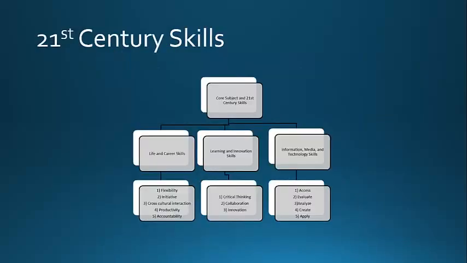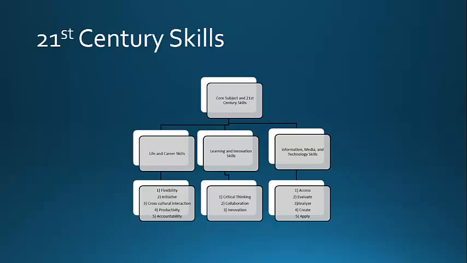Along with the Common Core State Standards are the 21st Century Skills, and these are also seen oftentimes as opportunities for BYOD. Within 21st Century Skills, there are three divisions: life and career skills, which includes flexibility, initiative, cross-cultural interaction, productivity, and accountability.